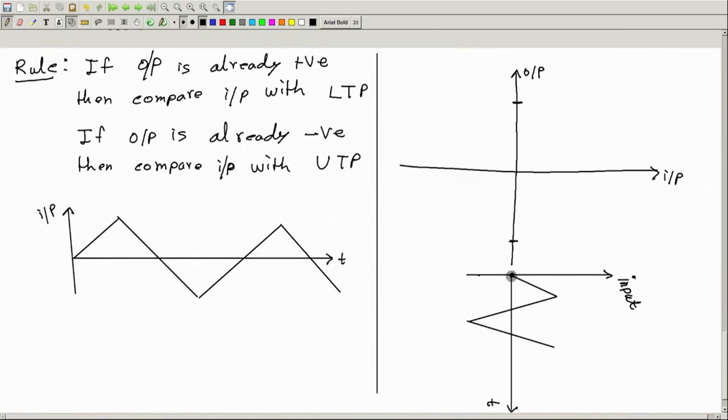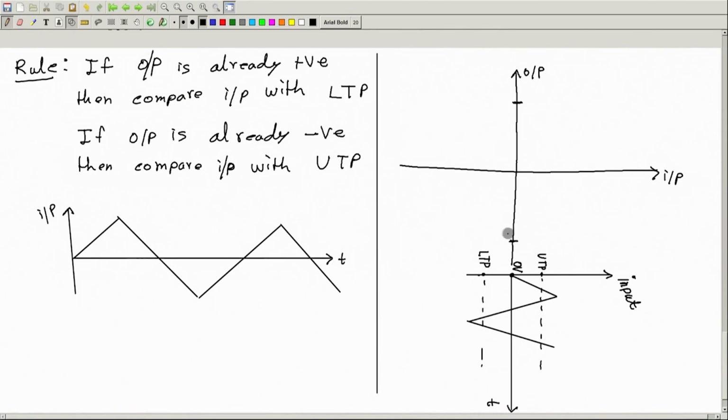This line is 0 volt, and somewhere here I can draw the upper trigger point, UTP, and somewhere here the lower trigger point, LTP. It will compare the input with these two levels depending on the current value of the output.